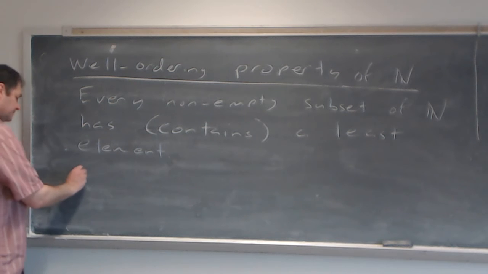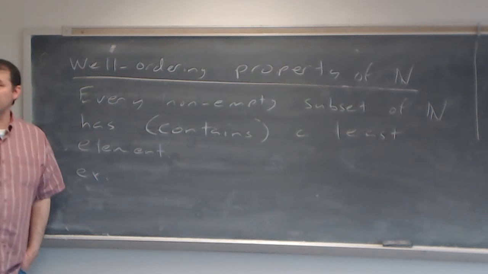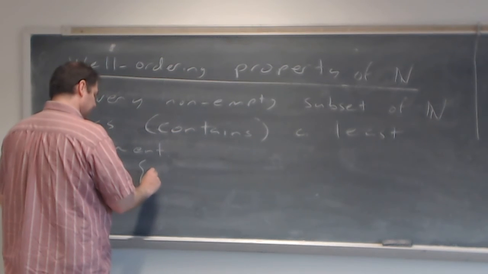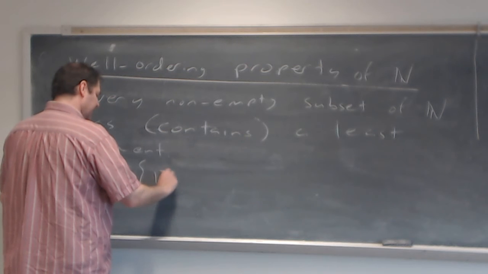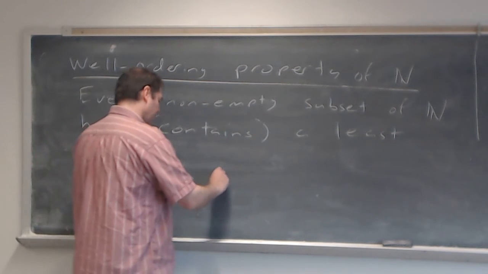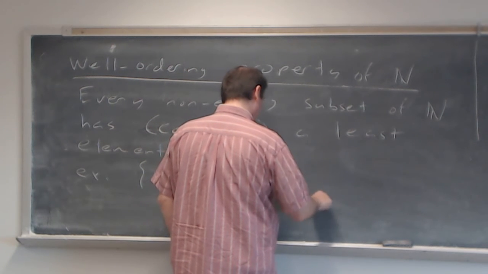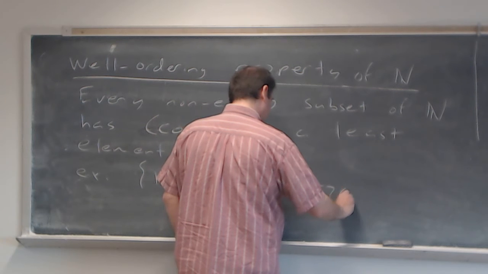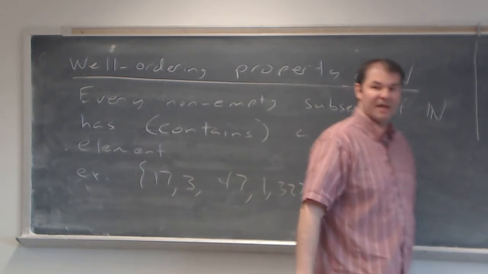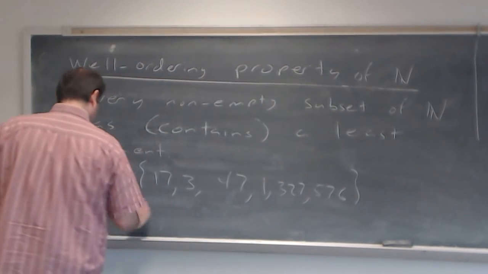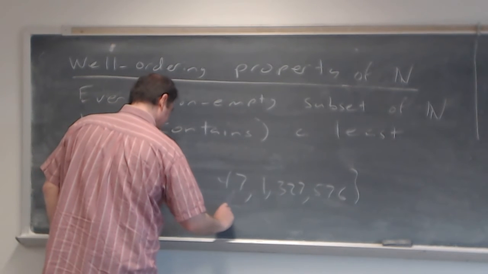What we mean by this is if you give me any non-empty collection of natural numbers, let's say we have 17, 3, 47, 1,327,576, it has a least element. It contains the smallest number. What's its smallest number? 3 is this set's least element.